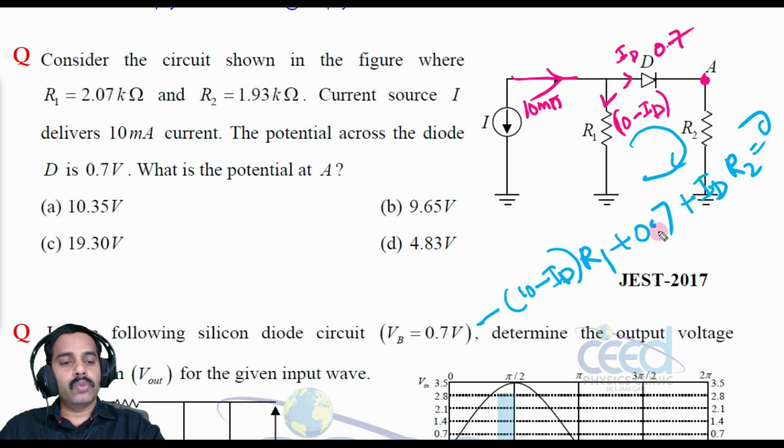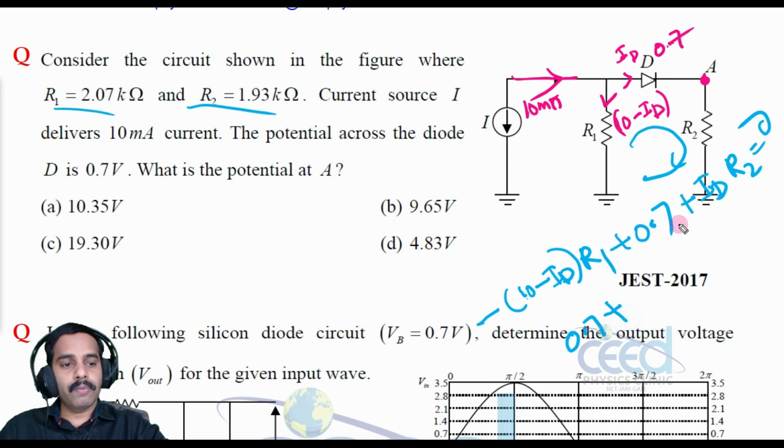The I value we know, that is 10 milliampere, and we need to find ID first, because the potential at A depends on it. From this expression we can simply find ID, because the only unknown is ID. R1 and R2 are given.